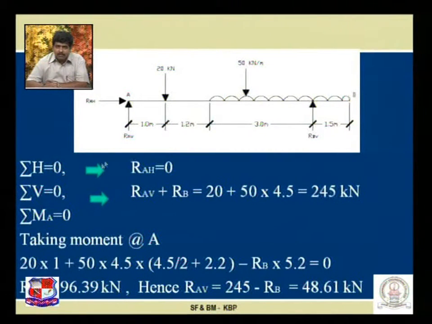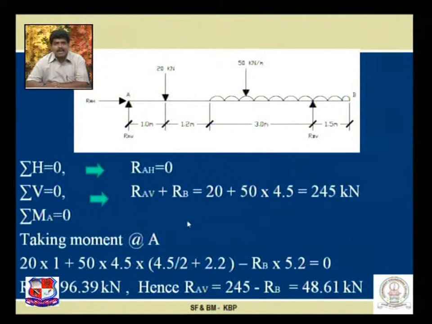As per that, RAV is acting upward and RB is acting upward. We are assuming that these two forces are acting upward. So RAV plus RB is equal to, because all other forces are acting downward, the point load of 20 kilonewton plus 50 into total distance 3 plus 1.5, 4.5.